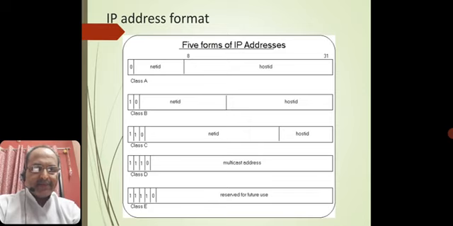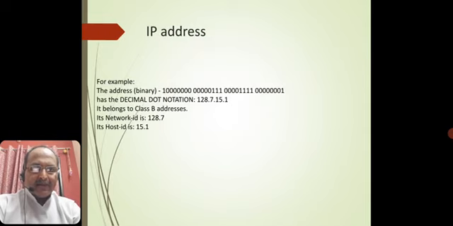Now take an IP address, for example: the binary address has a decimal dot notation like 128.7.15.1. It belongs to class B because it starts with 128, and the network ID is 128.7, in which the host ID is 15.1.